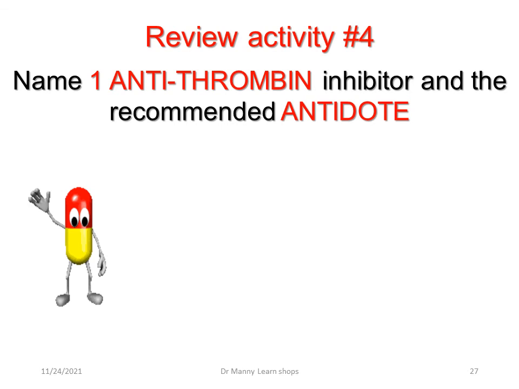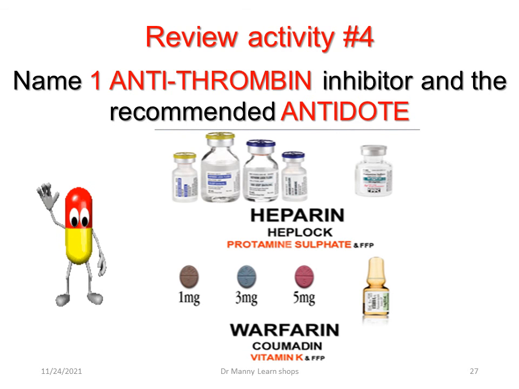Name 1 antithrombin inhibitor and the recommended antidote. You can choose heparin, and the antidote is protamine sulfate, and consider fresh frozen plasma. You've got warfarin, the antidote is vitamin K, and consider fresh frozen plasma.